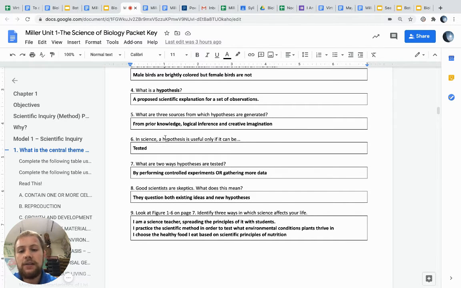Number 6, in science, a hypothesis is useful only if it can be tested. So hypotheses that cannot be tested or cannot be experimented on are not useful. So let's think of a good example of that. If we had a hypothesis like the sky must be blue because I like the color blue, that factors in a personal preference and an opinion, but we can't really test that.